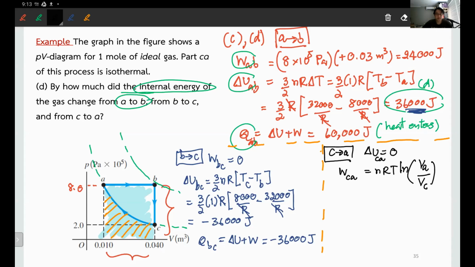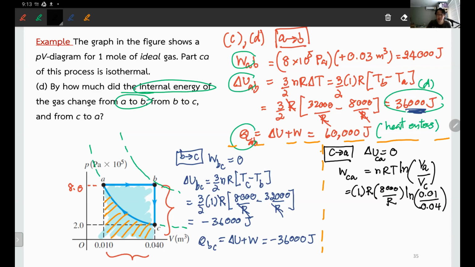Nice. Let's work out the number. N is 1, R is R. Temperature: now you can pick the temperature because we know all the temperatures. So the temperature at A or at C is 8,000 over R. We got it already. And now you take the log of the V final, which is 0.01, over the initial volume 0.04. Here we go.